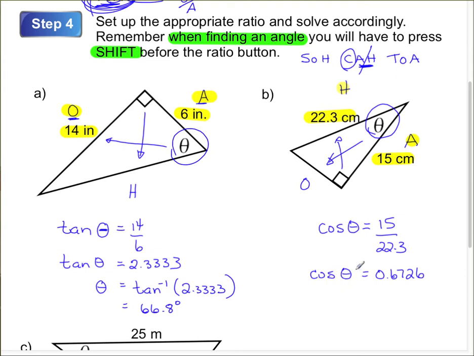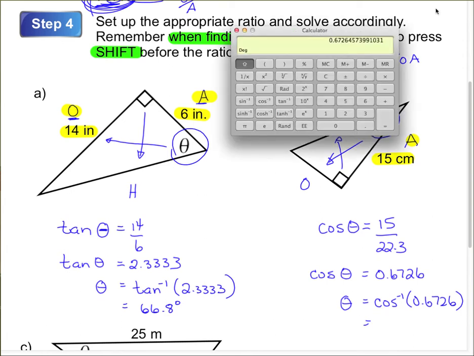And how do you get theta away from the cos? How do you figure out the angle? You have to press shift cos, which turns into cos -1, 0.6726. Let's pull that up. Oh, it's already there. It's still on my calculator. Good job I didn't press clear.